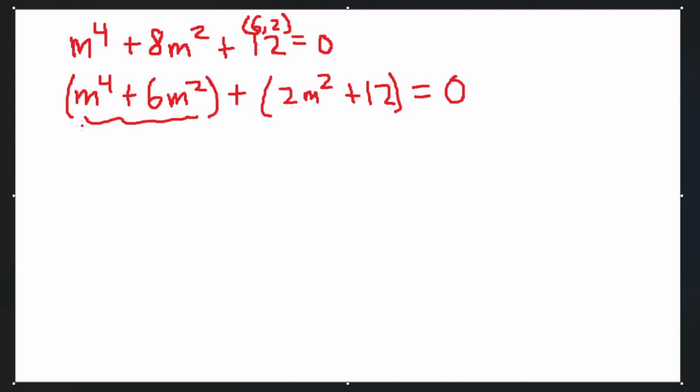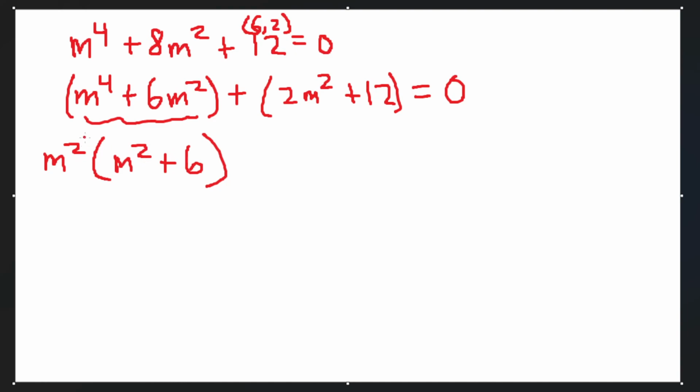The biggest thing that we can take out of this group would be an m squared. So we put that outside of the parentheses, and what's left in the parentheses would be m squared plus 6. You take m squared out, you're left with m squared plus 6.